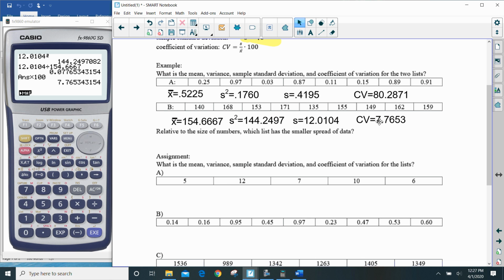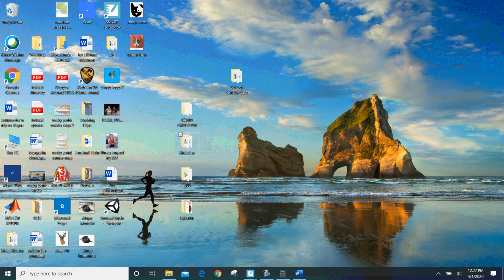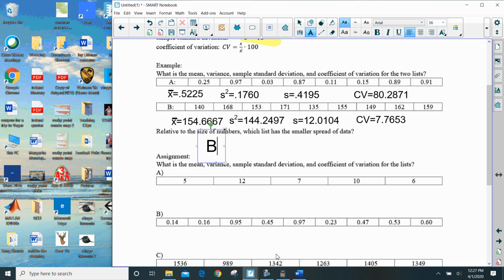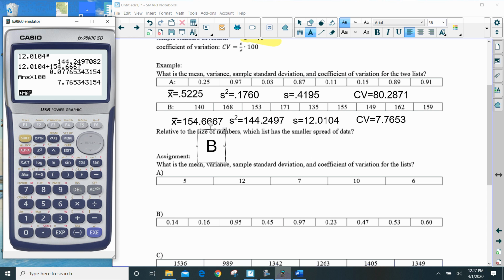And so what we see here is relative to the size, which has a smaller spread. List B has the smaller spread. B is smaller relative to the numbers that are currently there. So that's what the coefficient of variation is describing. Okay.